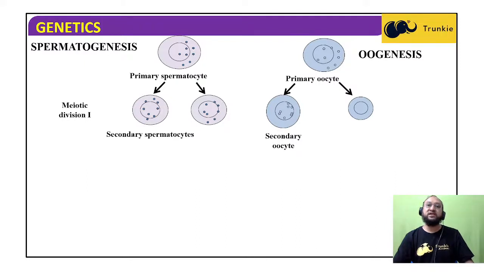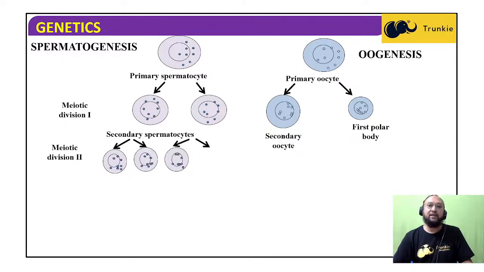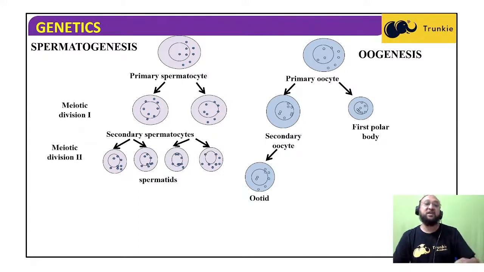Similarly, in oogenesis, the primary oocyte is formed, and the secondary oocyte is formed after the first meiotic division, along with the first polar body. After the secondary spermatocyte is formed, a second meiotic division takes place, and then spermatids are formed, which are the precursors of the sperm cell.